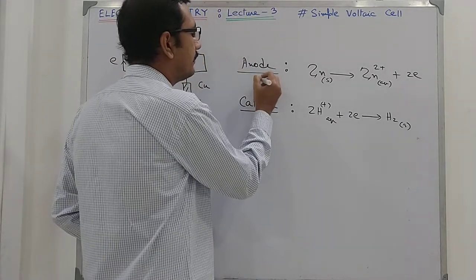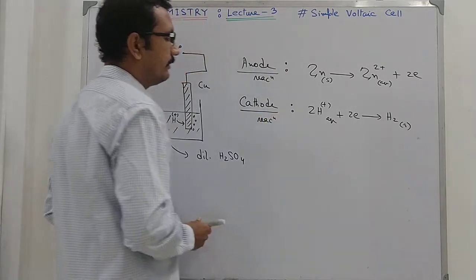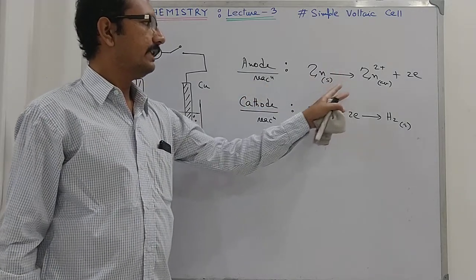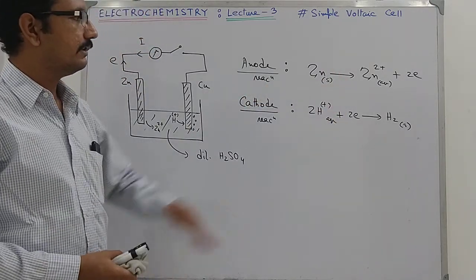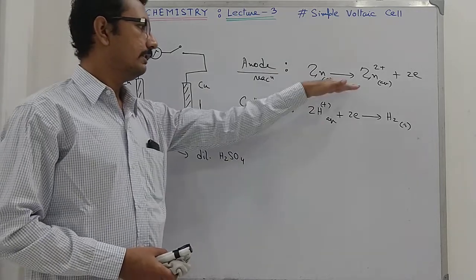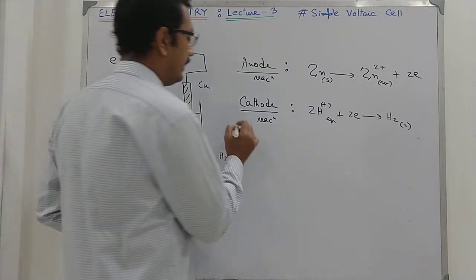This is the anode reaction and this is the cathode reaction. And since in anode oxidation occurs, we can claim that it is the oxidation half reaction and it is the reduction half reaction. Now when we add these two, we will get the complete cell reaction.